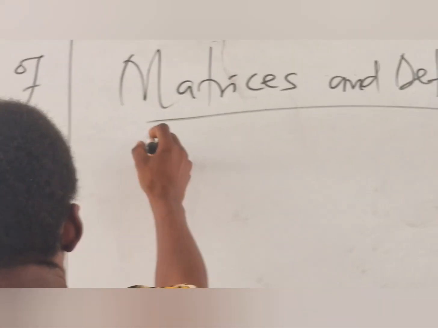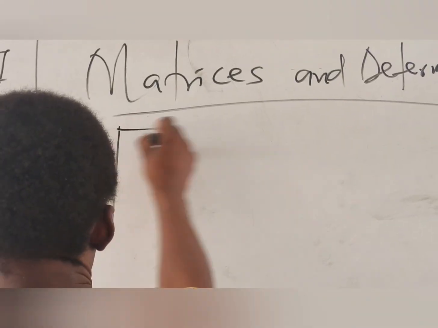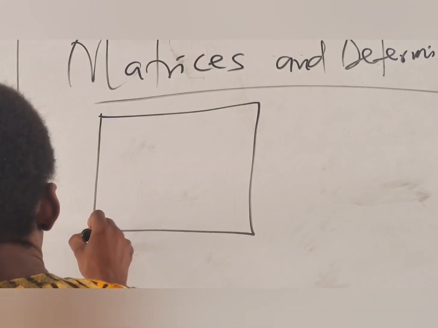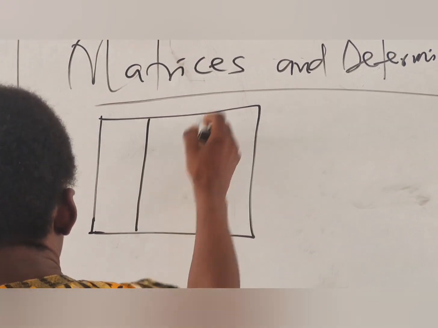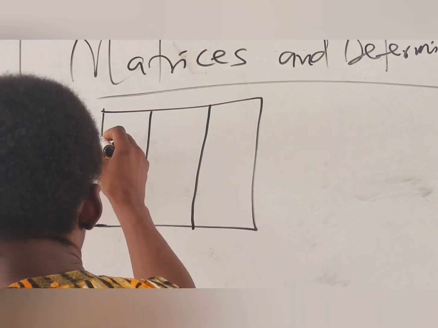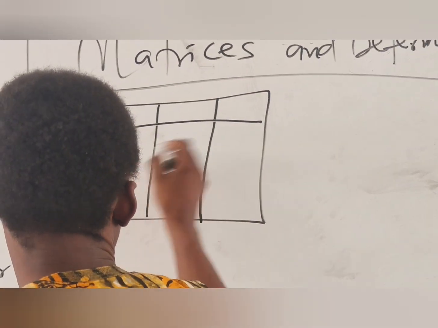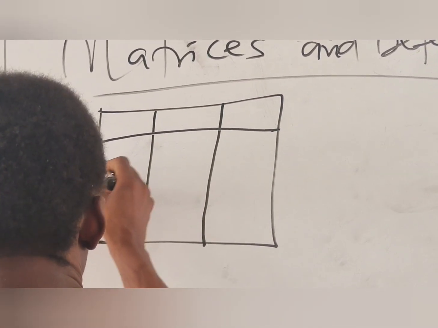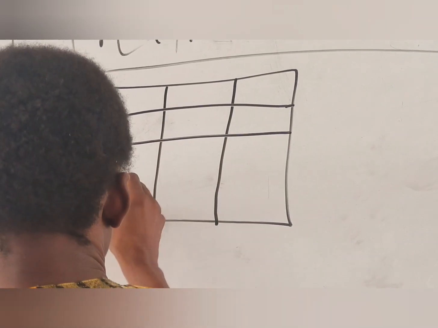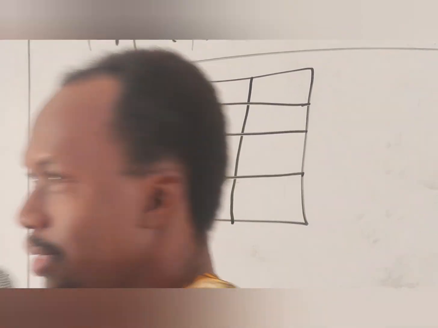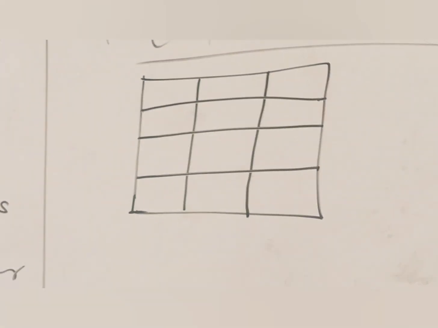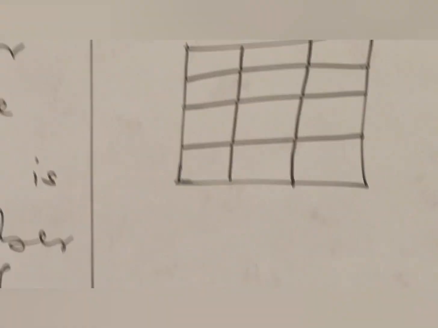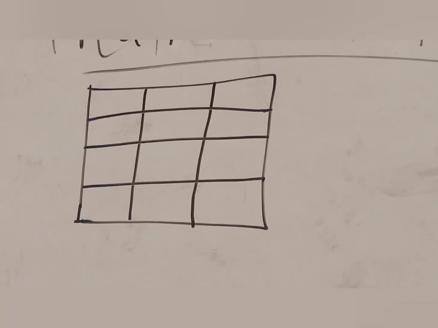If I draw a table this way, who can tell me how many rows this table has and how many columns it has?